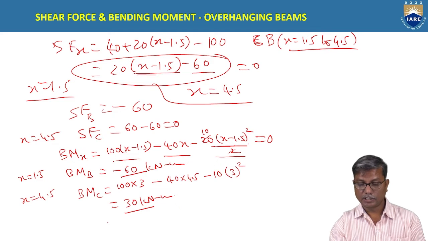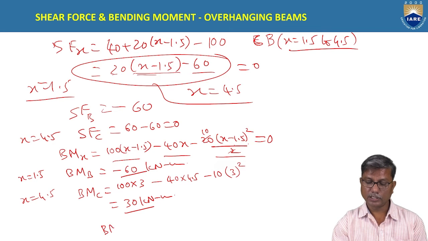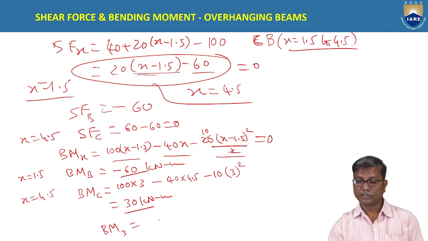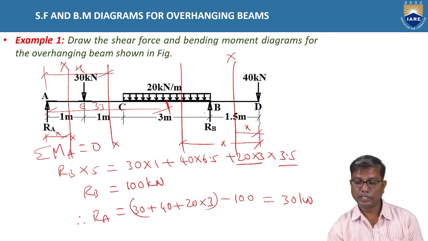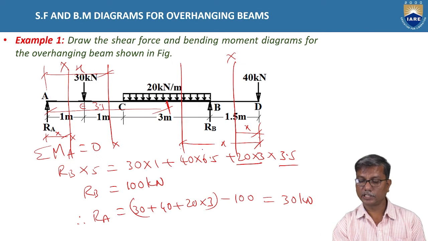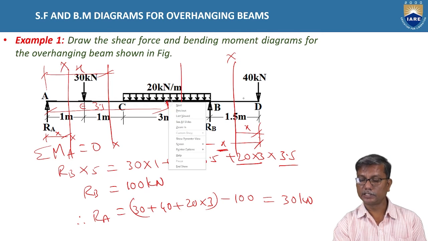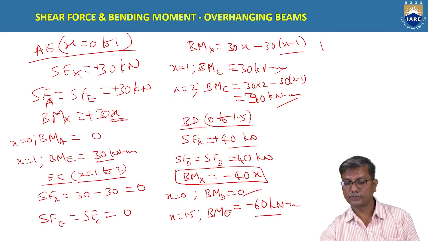So meanwhile, let us find the bending moment at x equal to 3 meters. That means at the midpoint of B and C. Because x is taken from D, the midpoint of B and C will be at a distance of 3 meters.